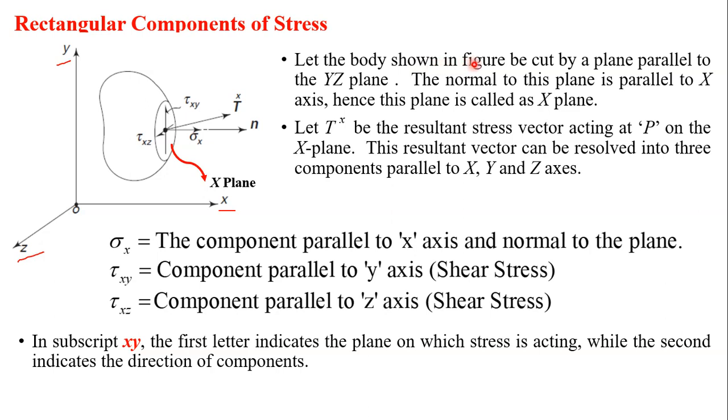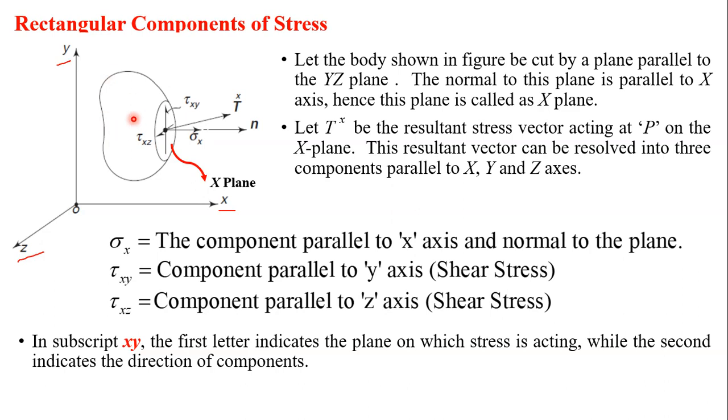Let the body shown in figure be cut by a plane parallel to YZ plane. Which is the YZ plane? The plane bounded by Y and Z axis is called as YZ plane. Follow the cursor, this is YZ plane.